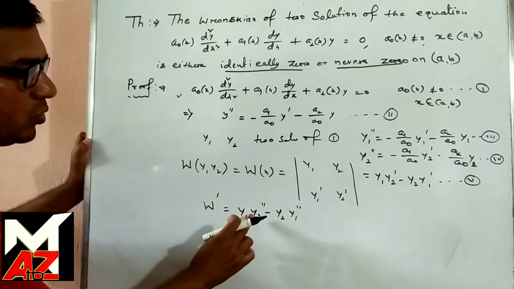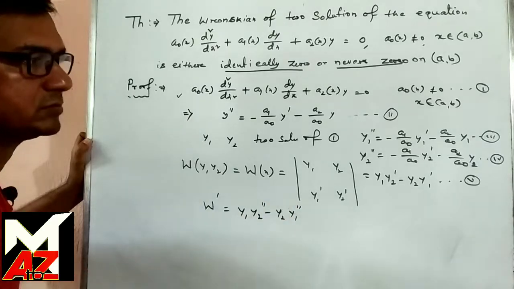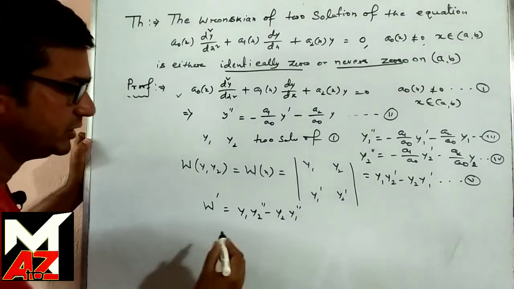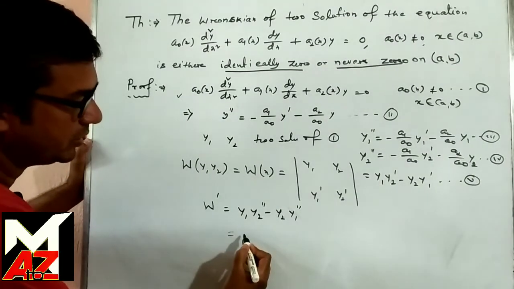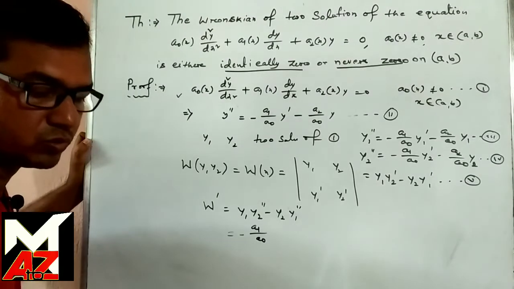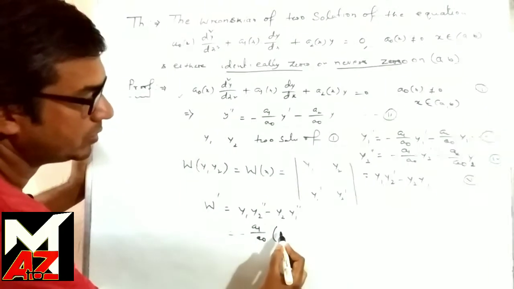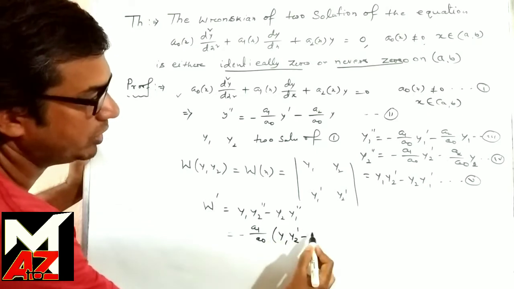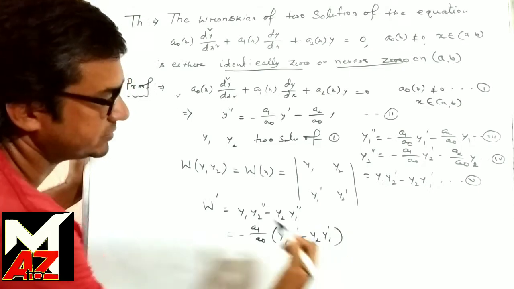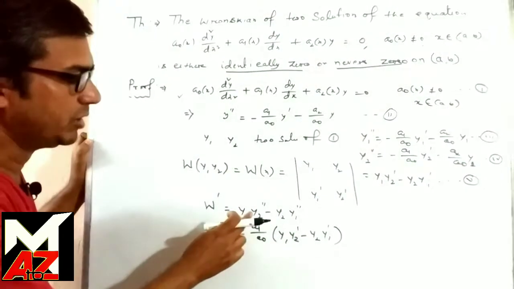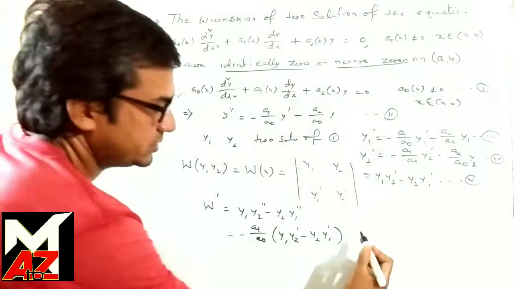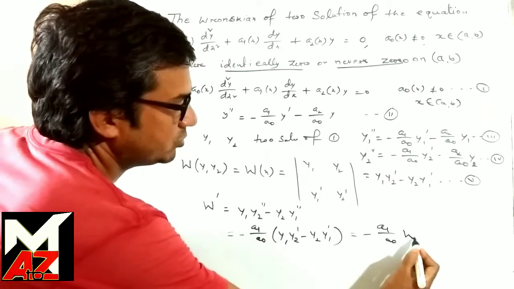Now putting the values of y2 double dash and y1 double dash from 3 and 4, we get the result, and this is obviously minus a1 by a0 into the Wronskian.